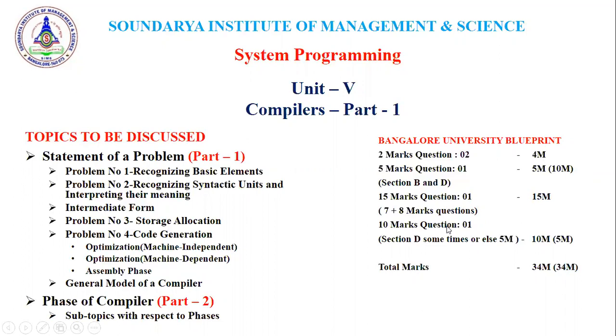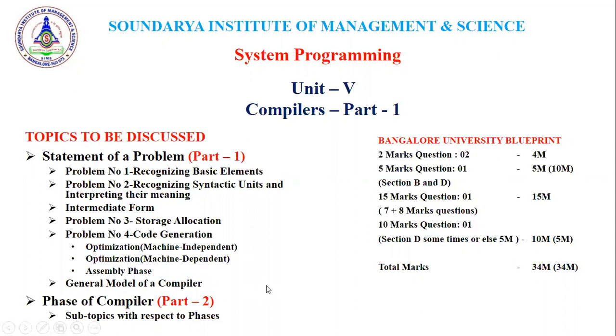Sometimes in Section D they may ask a 10 mark question or a 5 mark question, so totally 34 marks of questions will be asked from this chapter called compiler. 34 marks: 10 plus 15 is 25, 25 plus 5 is 30, 30 plus 4, 34.